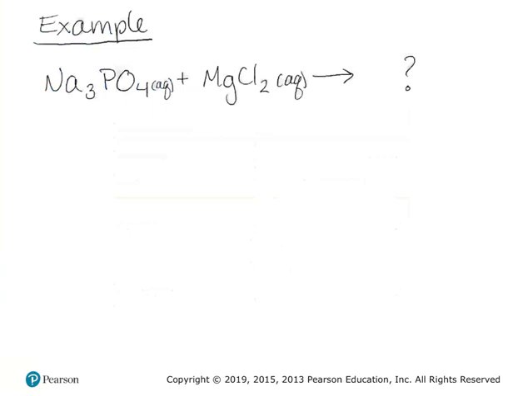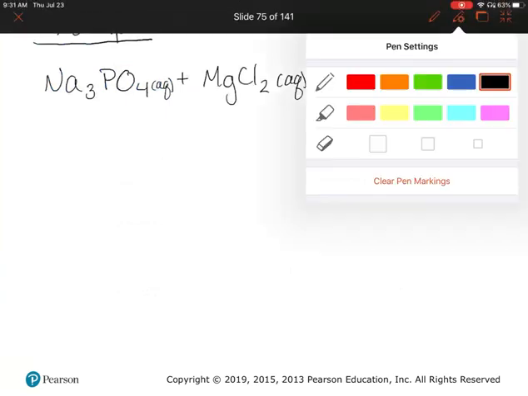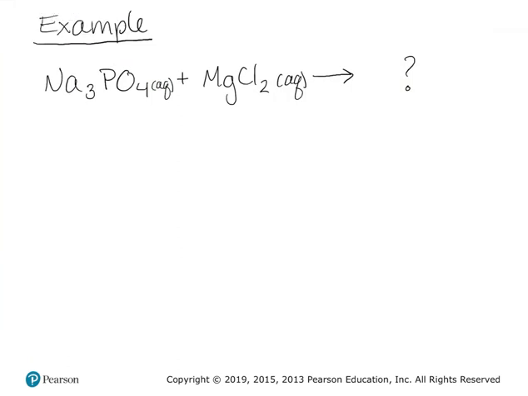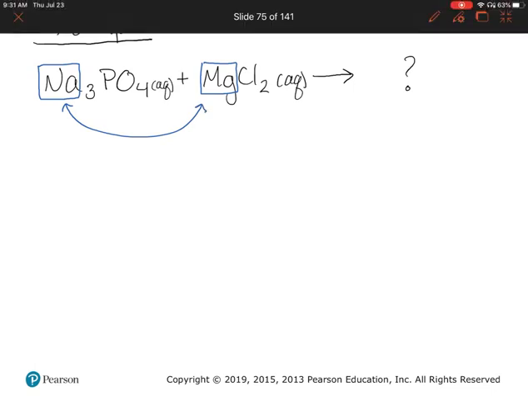Okay, so because this is a double replacement reaction, remember that the ions are all going to switch places, but in particular, the metal ions are going to switch places. So let's write out all of the ions and their charges.